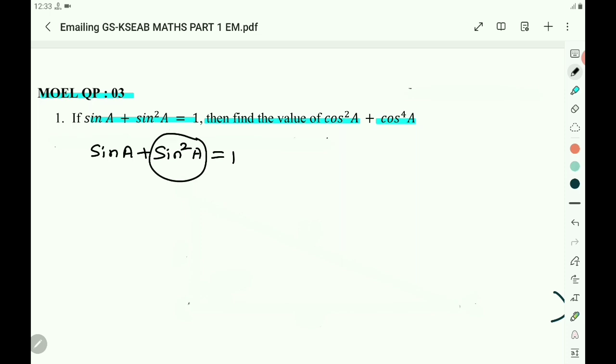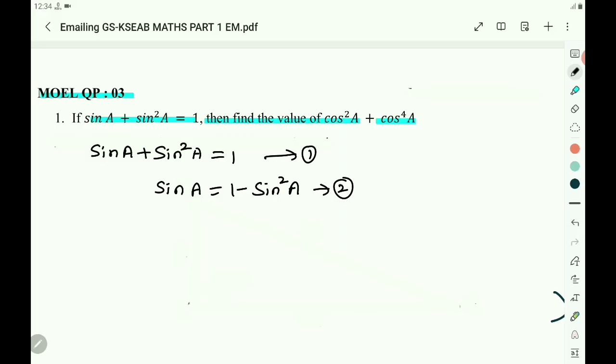Transfer this sin square A to the RHS. Write sin A equals 1 minus sin square A. Consider this is first, this is second.